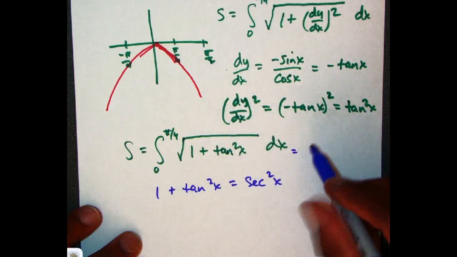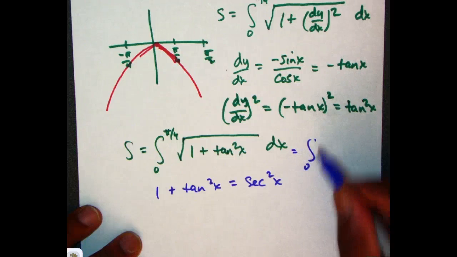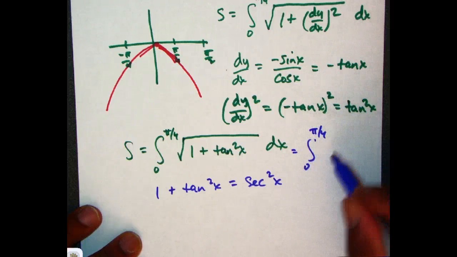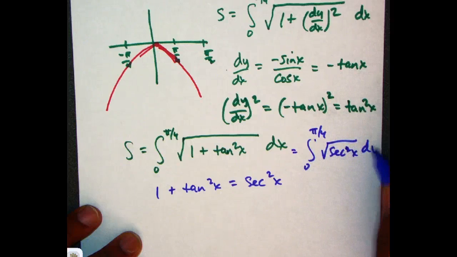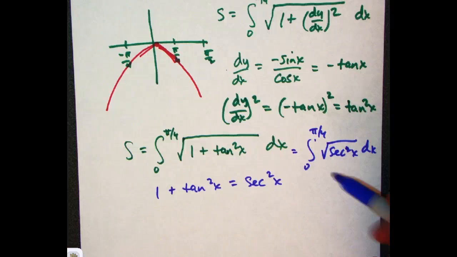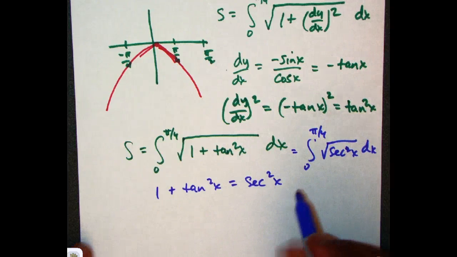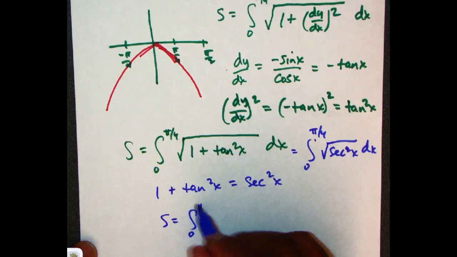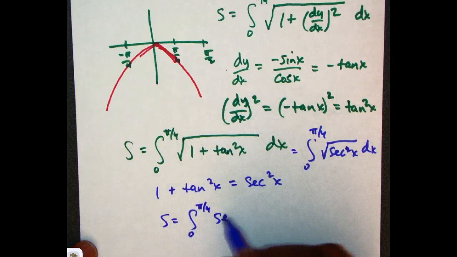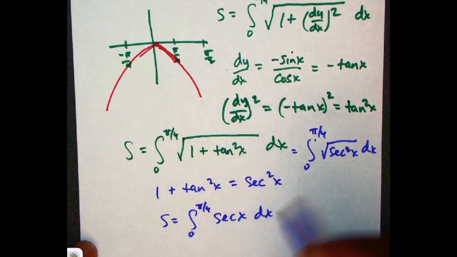And our arc length integral then becomes the integral from 0 to pi over 4 of the square root of secant squared x dx. Well, the square root of secant squared x is just secant of x. So this then becomes the integral from 0 to pi over 4 of secant x dx.